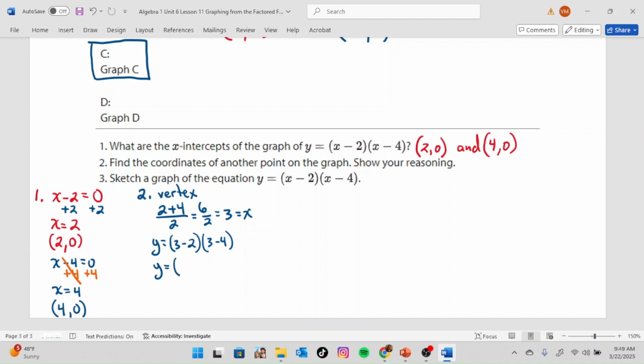That means y equals 1 times negative 1, which means y equals negative 1. So my vertex is at the point (3, negative 1).